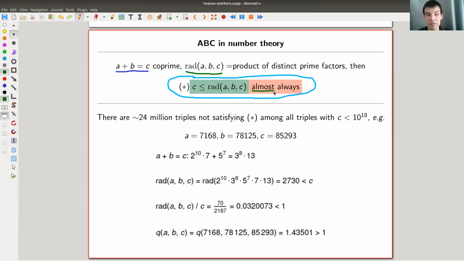There was one of the first worldwide running projects with many people and many computers involved. The link is in the description. It tried to find those exceptions up to a certain bound, and there are quite a few of them, but compared to the bound, there are almost no such exceptions. An exception is written down below, and it also helps us to understand what the conjecture is actually all about.